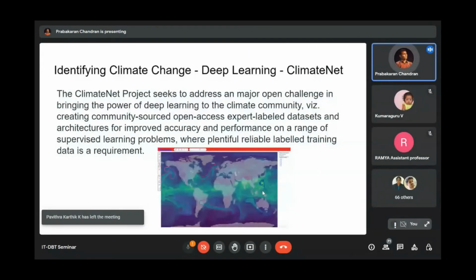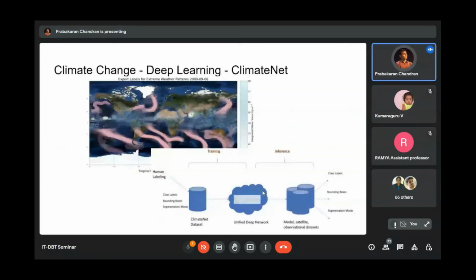When we have this type of data in place, because data collection itself is a big problem, right? When we have the collected data in place, labeled, and with metadata as well, we can build a deep learning model to understand the uncertain and weird behaviors of wind patterns and weather patterns, right?